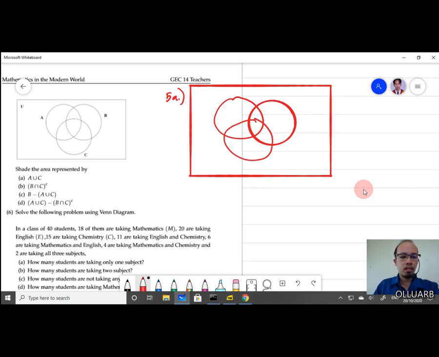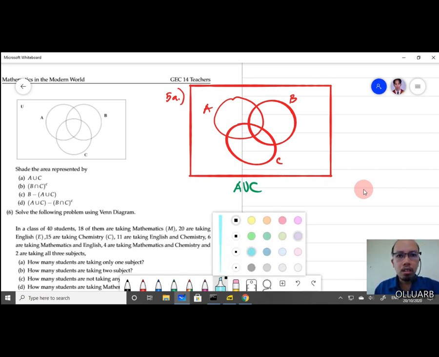Okay, this is our A, B, and C. What is A union C? Okay, so let's try another color. Let's say we have this green here.